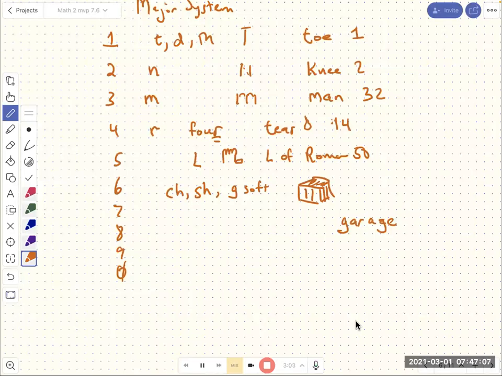Okay, and so if you had a word like nudge, that would be a 26. Okay. But then let's suppose that you have a K. Well, a G can be a hard G. So garage is actually a 7, a 4 for the R, and a 6, 746 garage.